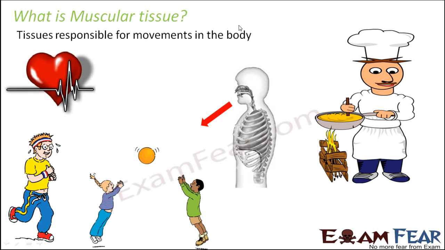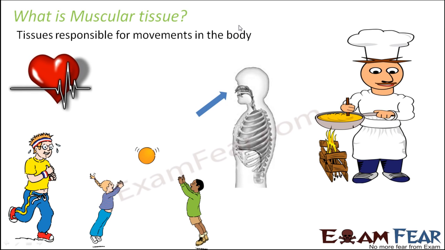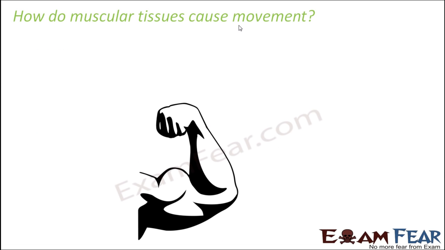Not only these, but your heart beats. The beating of the heart is also because of the contractility of the muscles which form the walls of the heart. We already spoke about how heartbeat occurs, and there we saw how the contraction of the muscles plays a very important role.